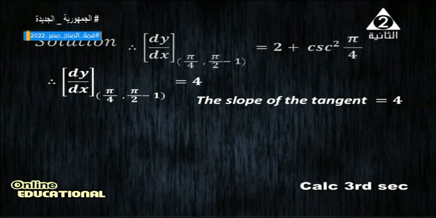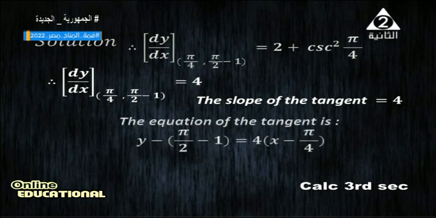Then the equation of the tangent is y minus y1 equals m times (x minus x1). So y minus, between two brackets, the y-coordinate of the point, which is pi over 2 minus 1, equals 4 multiply (x minus pi over 4).